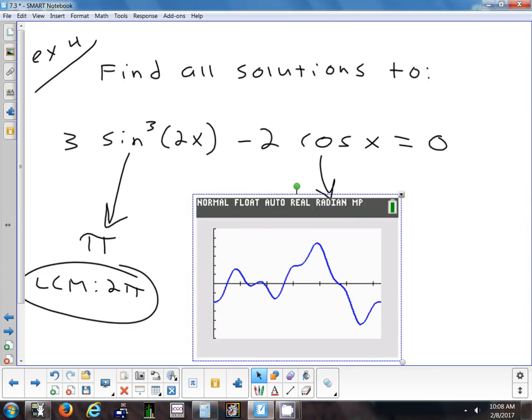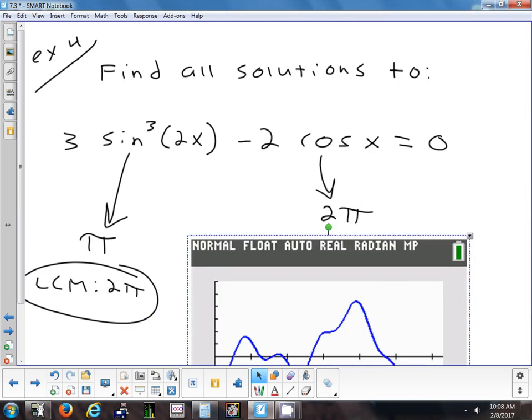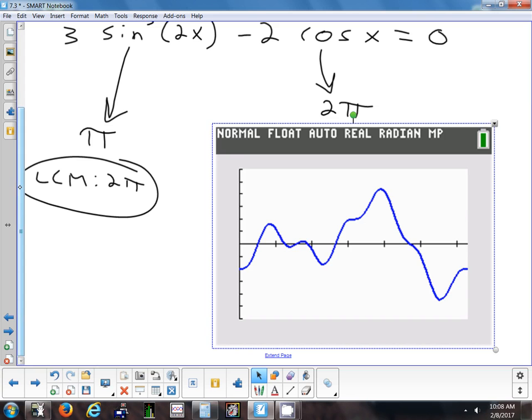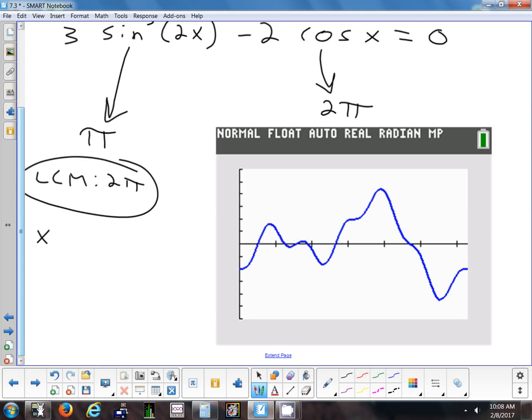How many times does that cross the axis? 6. Yeah, 1, 2, 3, 4, 5, 6 times. You have 6 answers. So this one you'd have to calculate 6 roots. Just to save us a little time, I have all 6 somewhere.